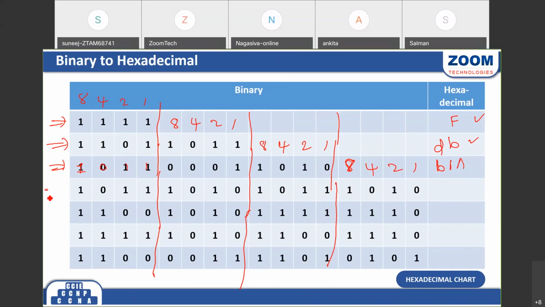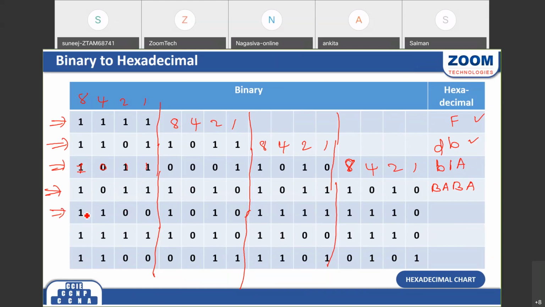Next example: 1011 again, it's a B. 1010 is A. 1011 again B. 1010 again, what? A. BABA.